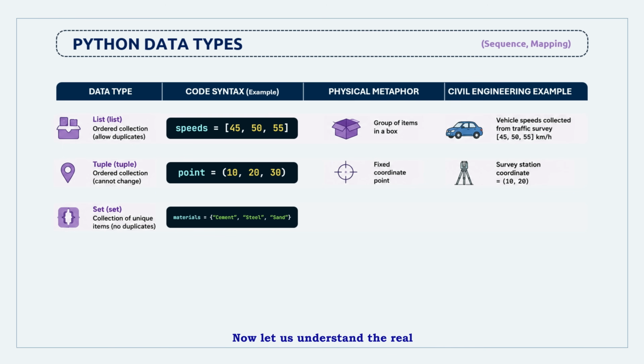Now let us understand the real world application of the set data type. Think of a Python set like a construction material inventory register which is used at a construction site. Suppose a site engineer records material purchases throughout the day like cement, sand, again cement, steel, sand.